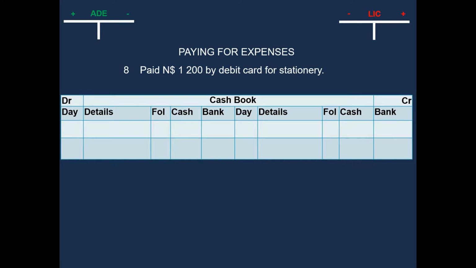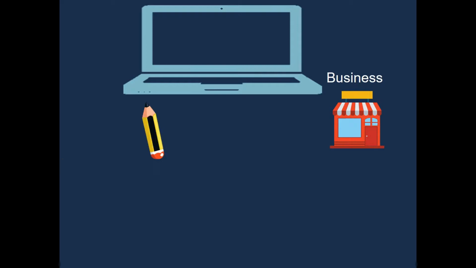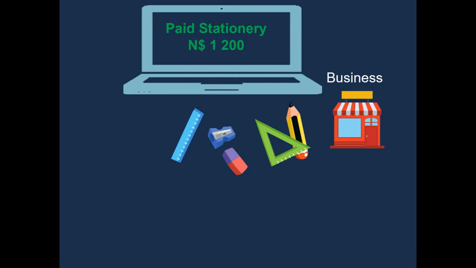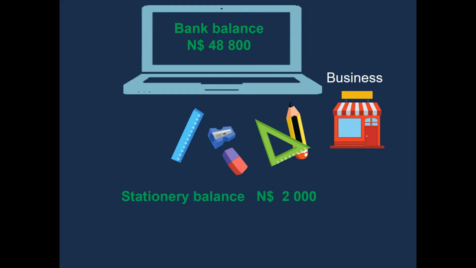Now let's have a look at the effect of this transaction. The business had stationery before this purchase was made, and the business bank balance was 50,000 Namibian dollars. After the business bought some new stationery with the value of 1,200 Namibian dollars, the bank balance decreased to 48,800 Namibian dollars.